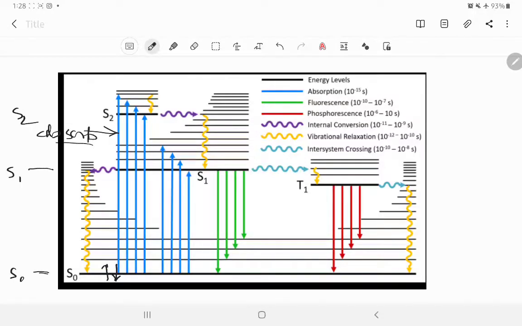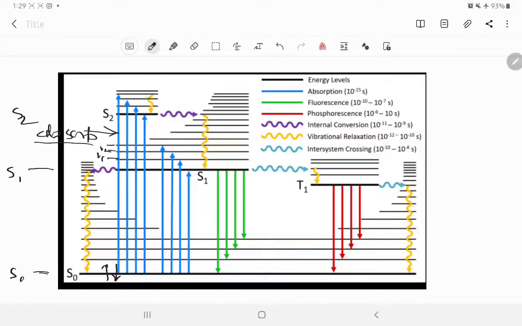This is the absorption phenomenon. During that absorption, the molecule may go into a higher vibrational level of the excited singlet state, maybe V1, V2, V3 and so on.